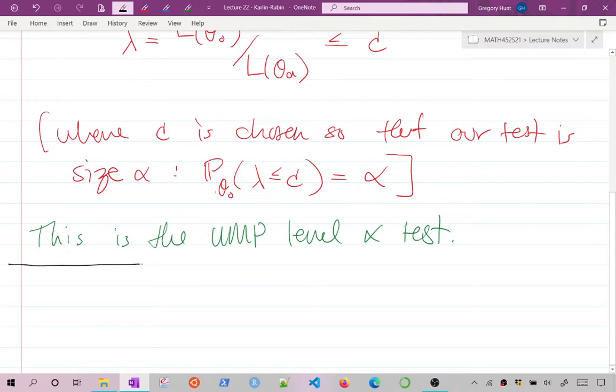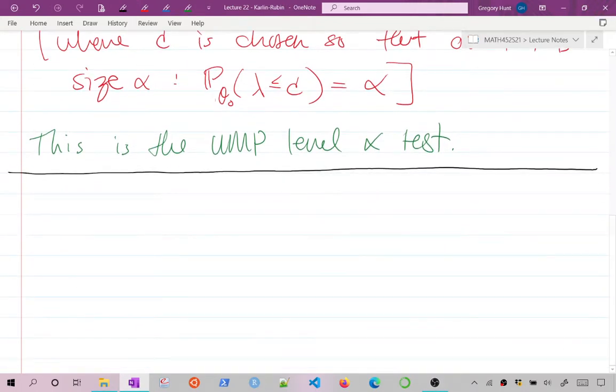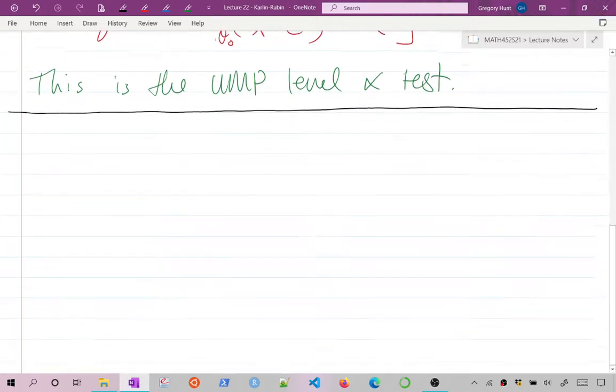So for a simple hypothesis test, the uniformly most powerful test is just going to be the likelihood ratio test. That's nice, and it justifies why we're interested in this likelihood ratio, and it ties everything together, because the likelihood ratio brings together a likelihood function, brings together MLEs, and ties together a bunch of topics throughout the course.